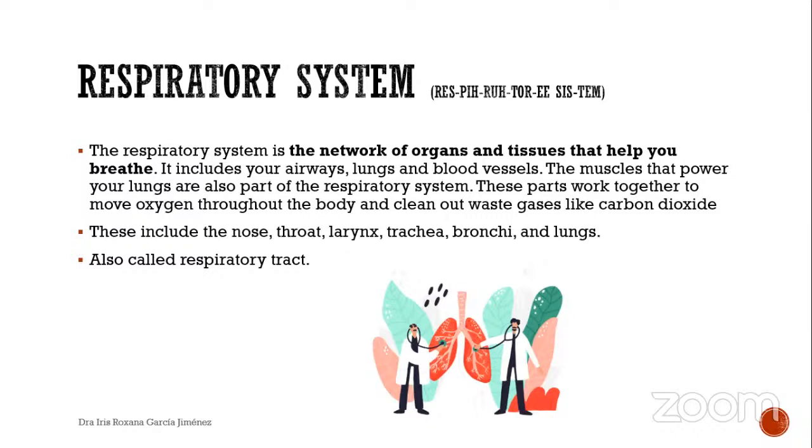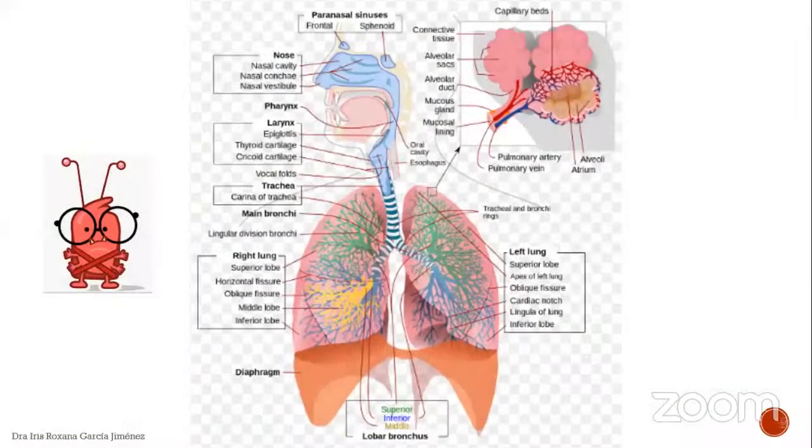These include the nose, throat, larynx, trachea, bronchi, and lungs. Also called the respiratory tract. I mean, this is a synonym, respiratory system and respiratory tract. Both of them are allowed, okay? Our red guide, this is our first anatomical review.